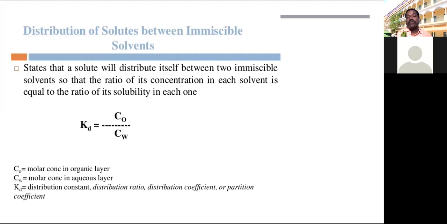KD equals Co divided by Cw, where Co is the molar concentration in the organic layer and Cw is the molar concentration in the aqueous layer. Here the organic layer and aqueous layer are two immiscible solvents.